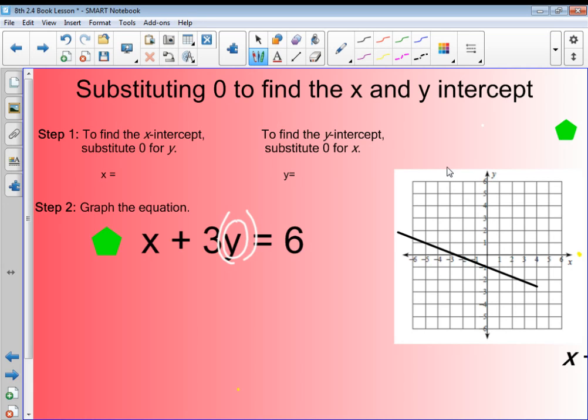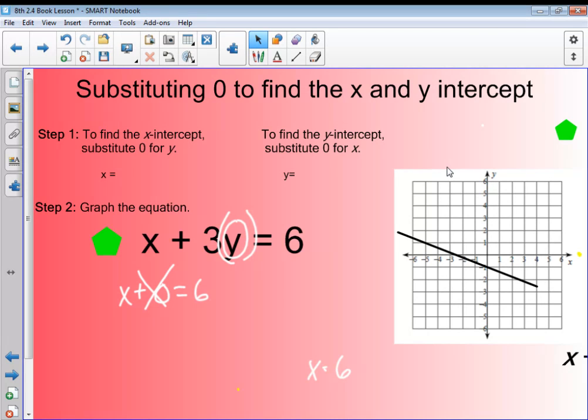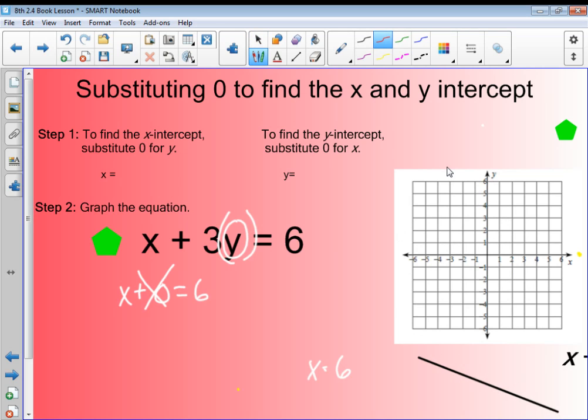We have x plus 3 times 0 is 0 equals 6. This is now canceled out because we could say minus 0. It's still going to give us 6. So our x-intercept equals positive 6. We're going to put a dot on our positive 6 on our x-intercept.